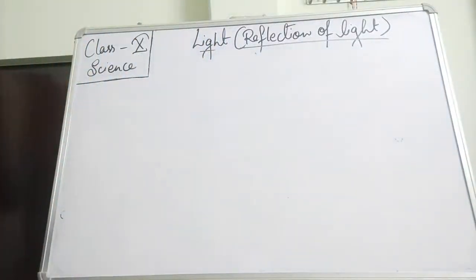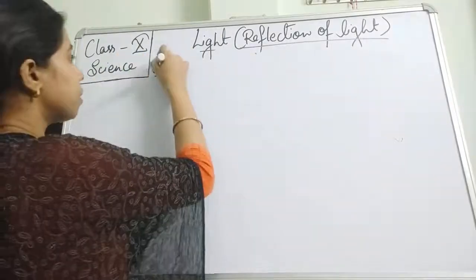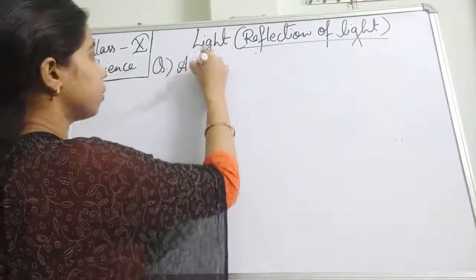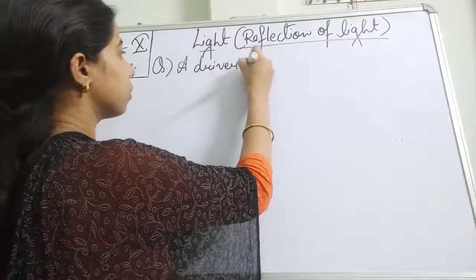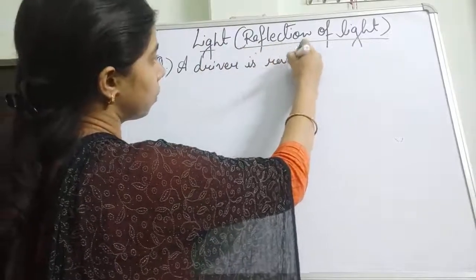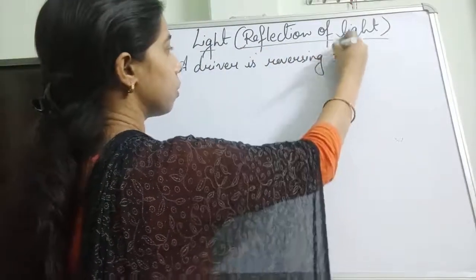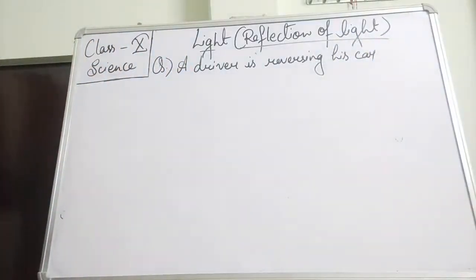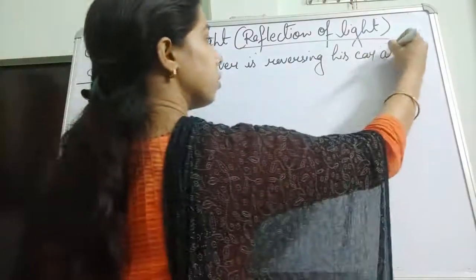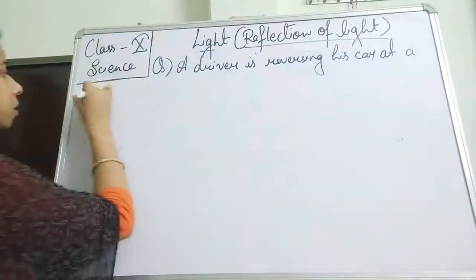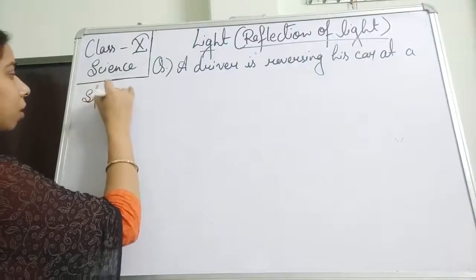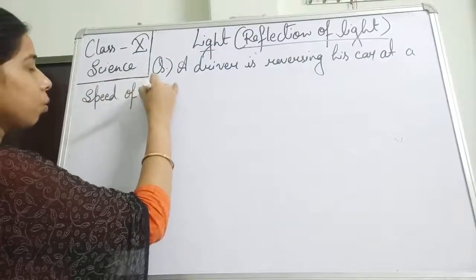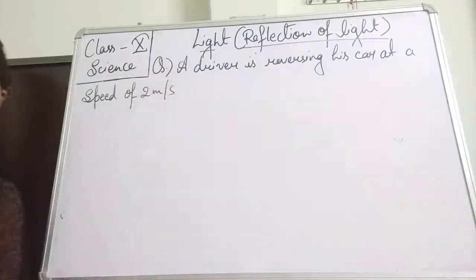So the question is that a driver is reversing his car at a speed of 2 meter per second.